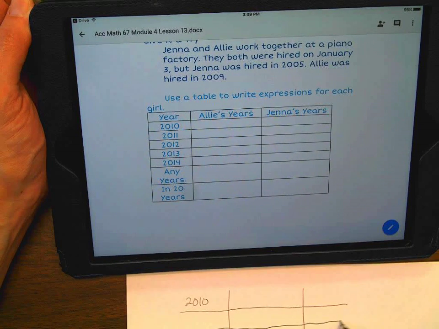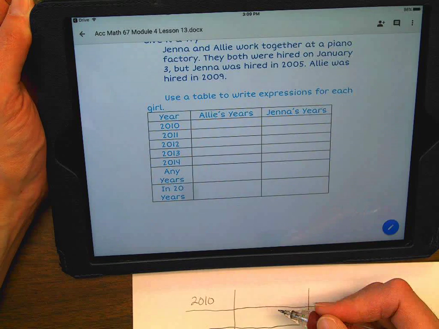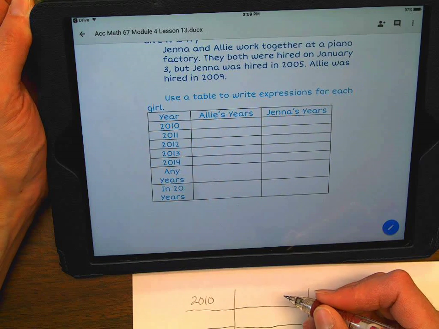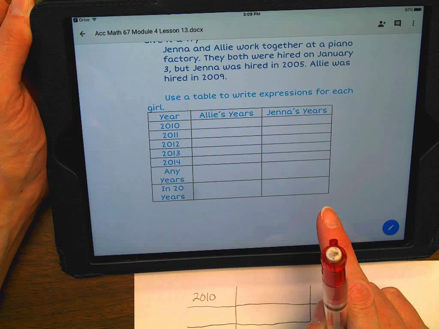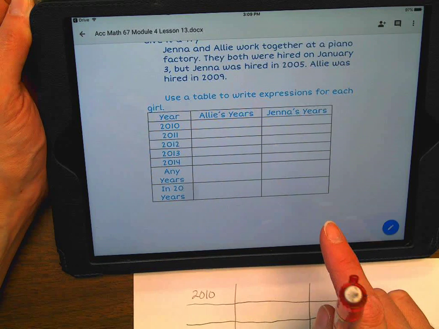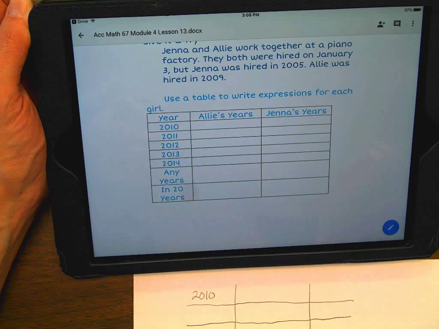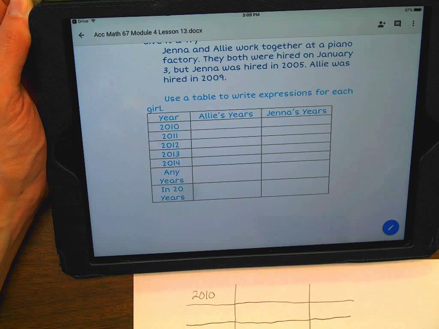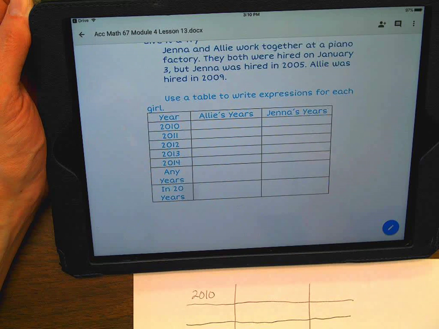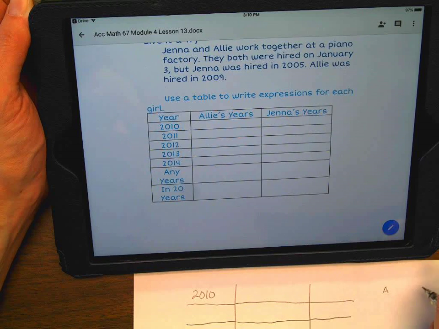If we're working in 2010, we could say that Allie's years of service would be 1. And then Jenna's years of service, since she was hired in 2005, would be whatever Allie's is plus the extra. So after Allie has worked 1 year, how many years has Jenna worked? For every 1 year that Allie has worked, Jenna has worked 5.